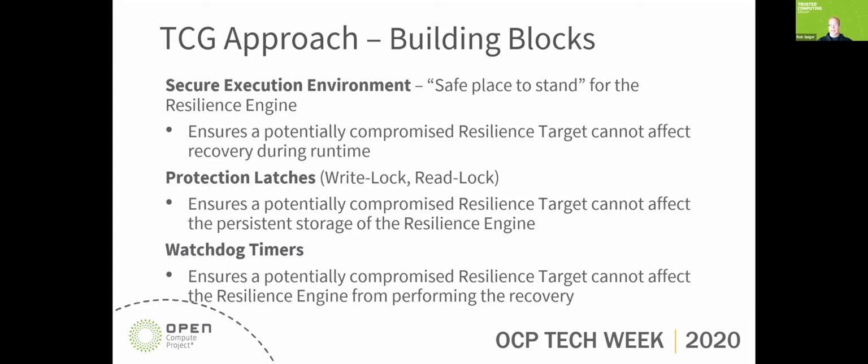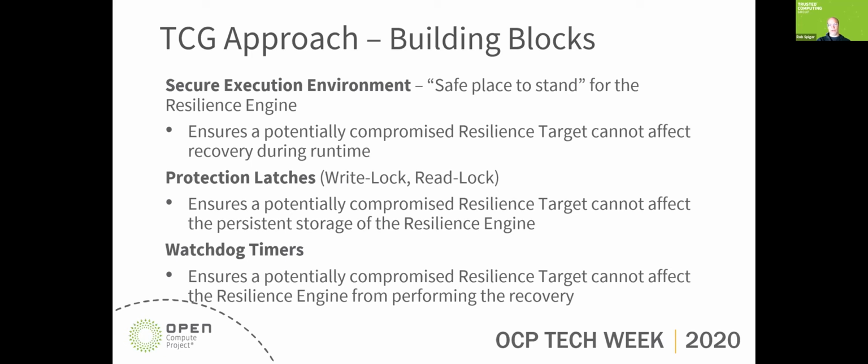What this does is if you have a resilience engine that gets control first, which is the way our model works in the current specification, it can do activities it needs to, like writing and reading of storage that's protected by the latch. And then when it's ready to transition to the resilience target, which is less trusted, it can turn on the write and read protections and prevent the target from accessing those until a reset occurs.